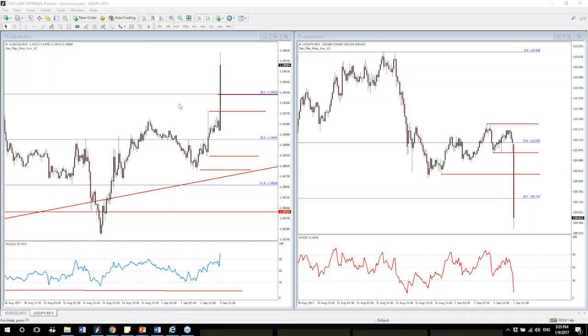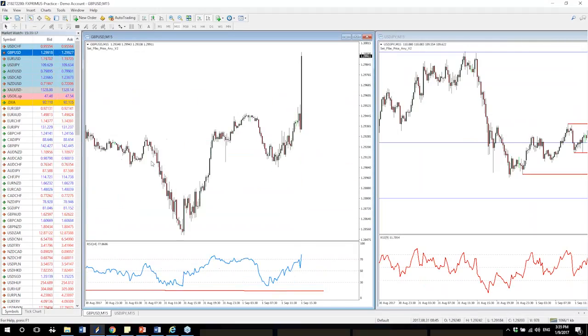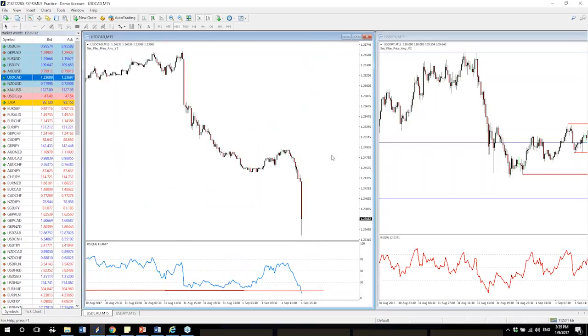Let's see what's happening in the other pairs. Let's have a quick look. Pound dollar. This is 60 pips. Aussie dollar, that looks big. About 60 pips. Dollar CAD.